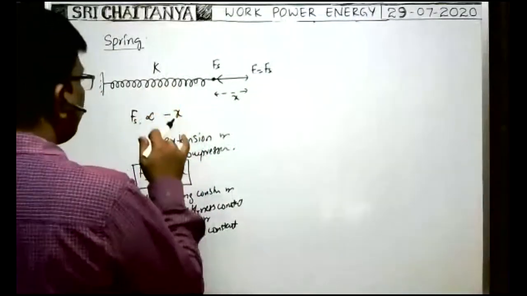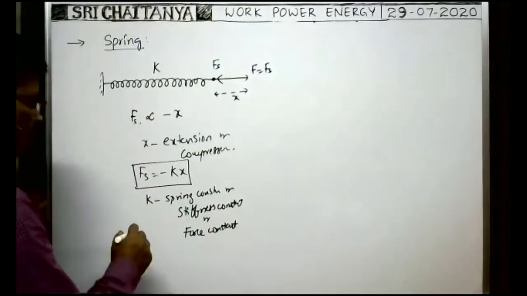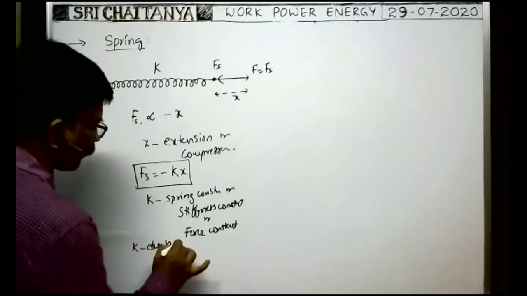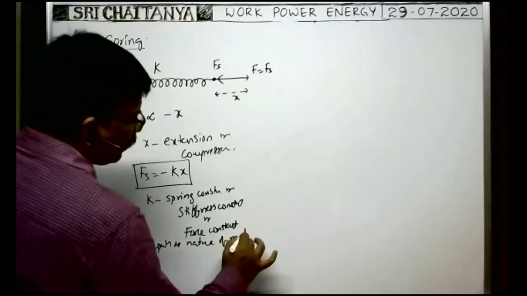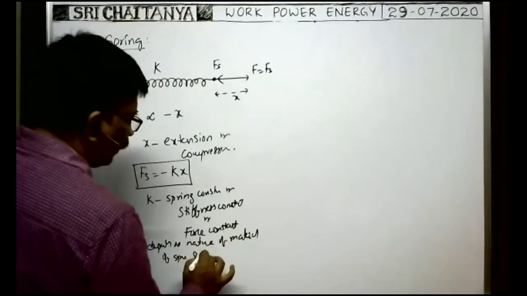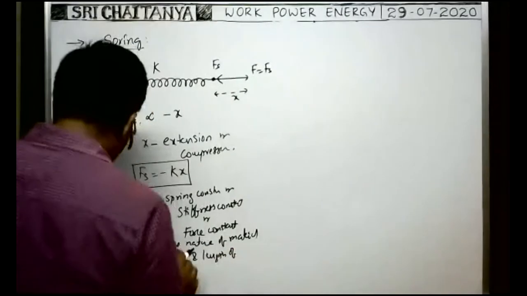Nature of material means the elastic property of the material of the spring. So k value depends on the nature of material of the spring, and the natural length of the spring.